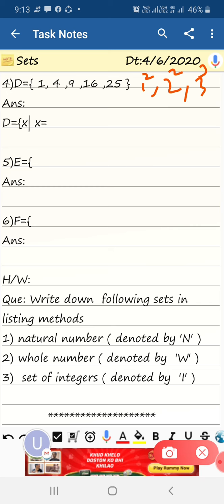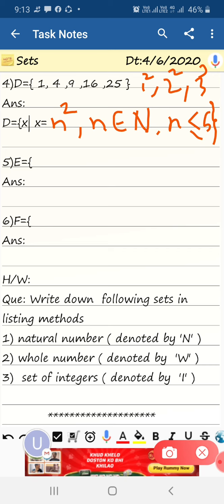So here we can write square of a natural number, that means x is equal to n square. And what is this n? This n belongs to natural numbers, and the limitation given is n is less than or equal to 5.